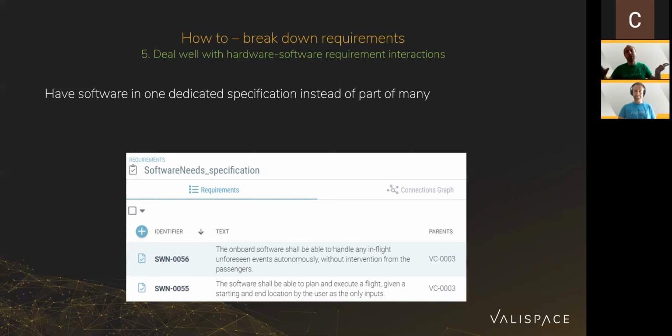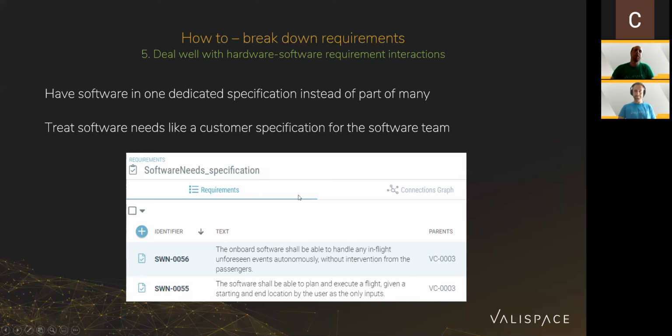Unless your softwares are really completely separate, usually it's the best way to keep them in one place. And then treat the software needs like, again, a customer specification, but for the software team. What does that mean? It means that into the software needs specification, you actually specify all the things that the system team expects the software to do.